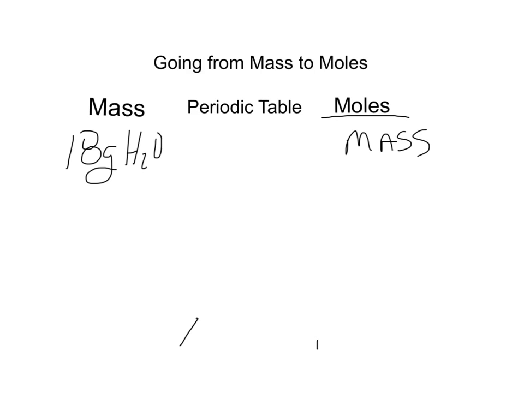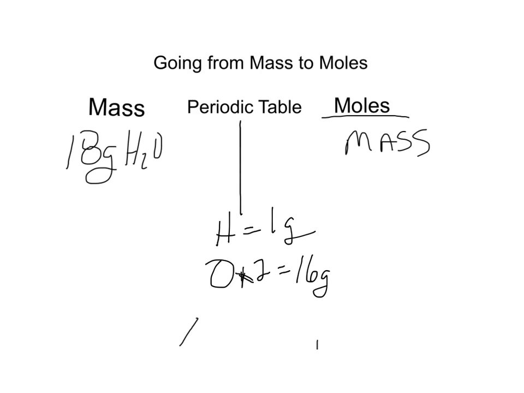So I would take a look at the periodic table, and I've got hydrogen, which equals 1 gram, and I have an oxygen, but I have 2 of them, so I'd multiply that by 2, and there's 16 grams there. So I add that all up and I would have 18 grams in 1 mole of water.